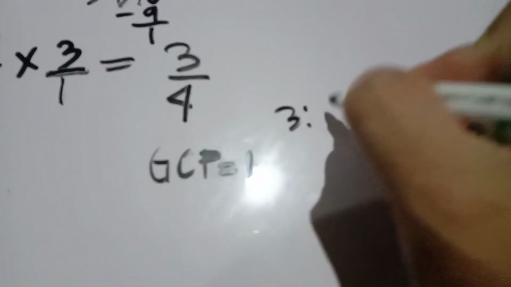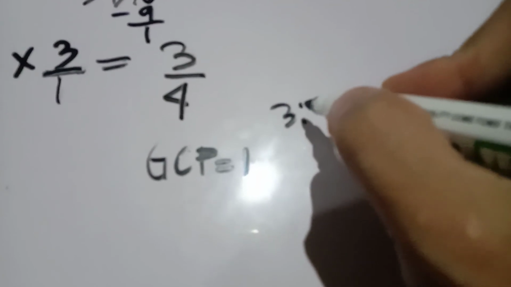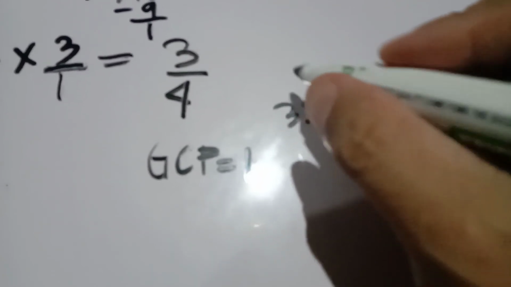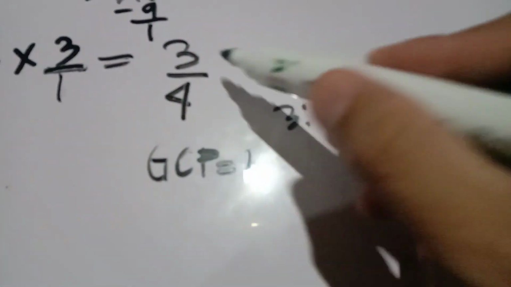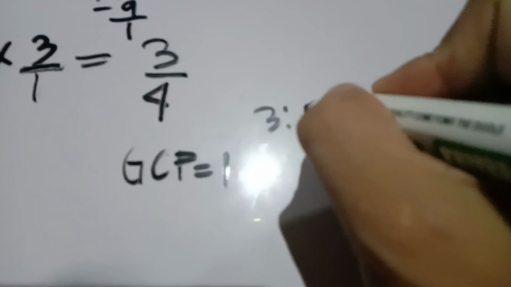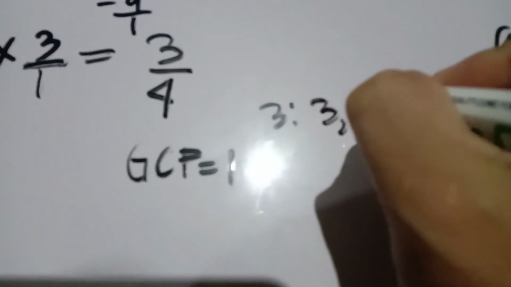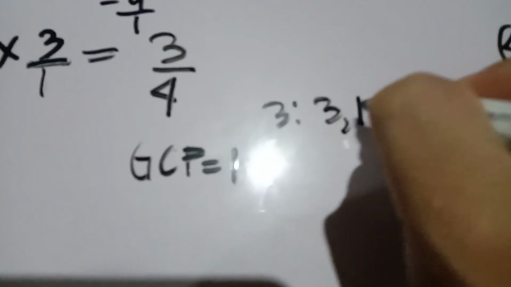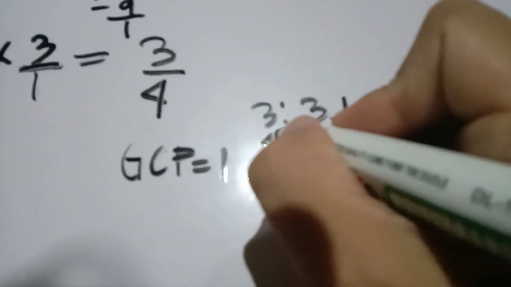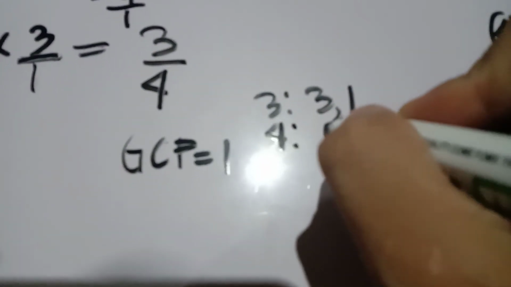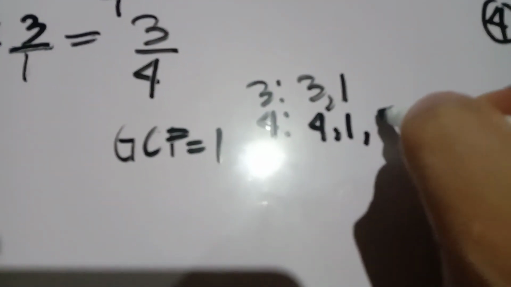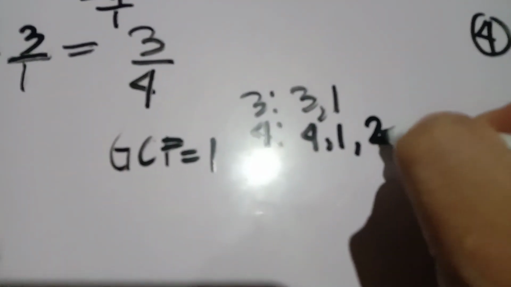So, factors of 3. We are talking here of factors. You are going to list down the factors of the numerator. So, the numerator is 3 and the factors of 3 are 3 and 1. 3 times 1. Those are the factors of 3. And for 4, the factors of 4 are 4 and 1 and 2. 2 times 2.